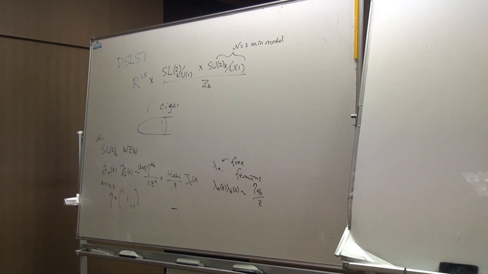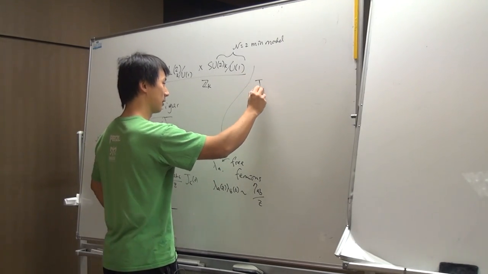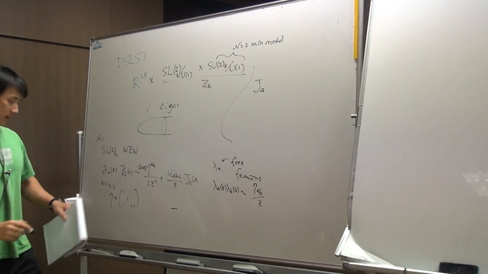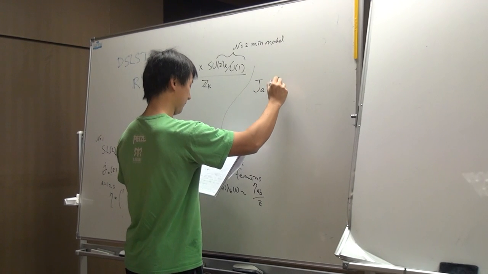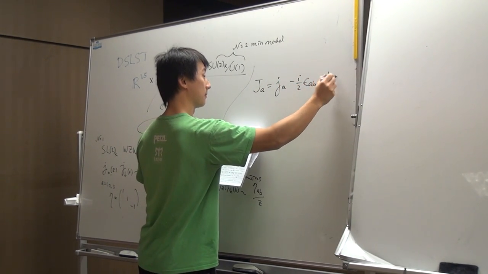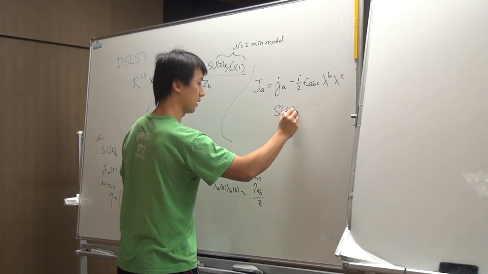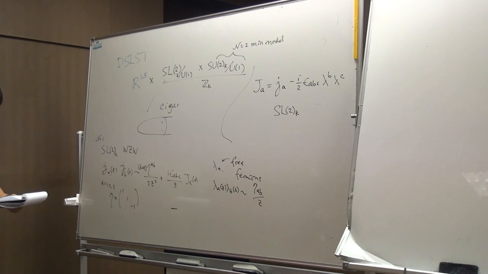So λ^3 is like i times the usual free fermion. And then one can form a diagonal SL2 current, which is a combination of this j^A with the fermions, minus i over 2 ε^ABC λ^B λ^C. So these are the set of SL2 currents at level K.